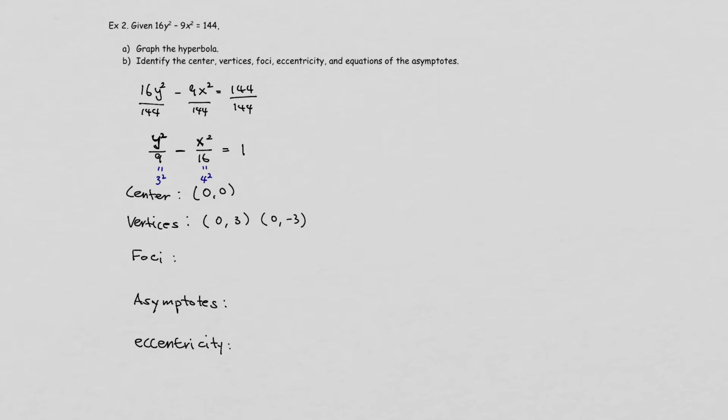And the focus point is going to be plus minus square root of 9 plus 16, which is plus minus square root of 25. That's plus minus 5. So from the center, on the y value plus minus 5. So it will be 0, 5, and 0, negative 5.